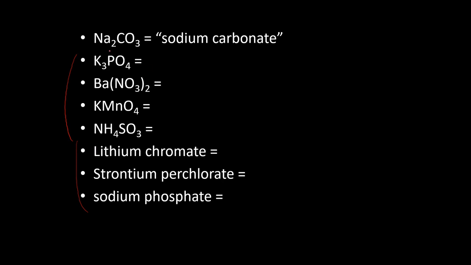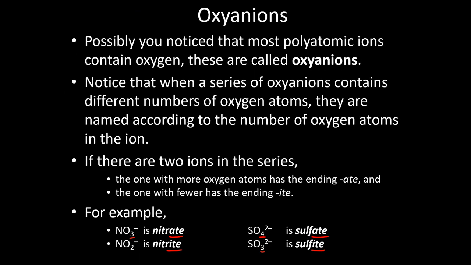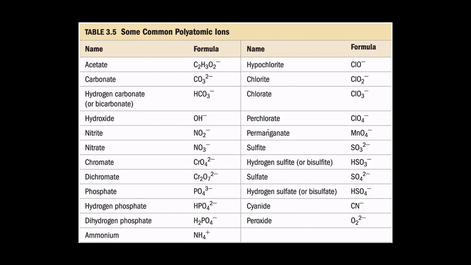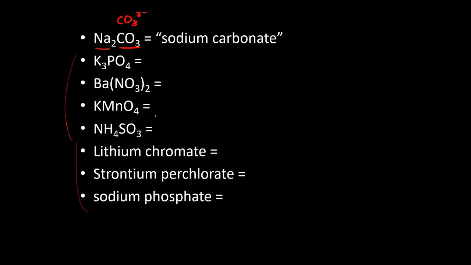All right, so the very first one here is worked out for us. We have sodium, and then we have carbonate. So CO3 2- is what you would be looking for on the table back here. So let's see, where is that? There it is. Carbonate. And so we have sodium, we have carbonate, so the name is just sodium carbonate.